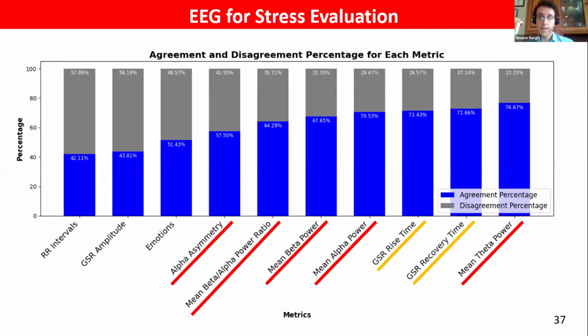We can see the theta power spectrum, alpha and beta power spectrum, and the derived metrics as the best in stress evaluation. But it should also be noticed that a signal really easy to obtain, using non-invasive and low-cost sensors, is the electrodermal activity of the skin, underlined in yellow. Sweat activity is a very good metric for stress evaluation.